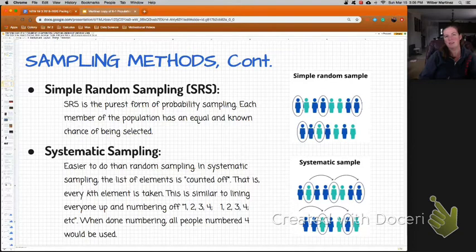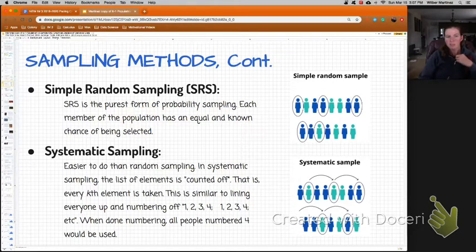So obviously that's kind of difficult to do. You can imagine that the bigger your population, the more difficult it is to perform a simple random sample. So even though it is the best way to sample, it's not always the most effective or efficient because it might take too long, it might be too much money to perform this kind of sample, etc., etc.